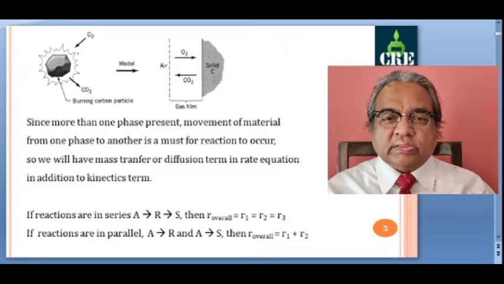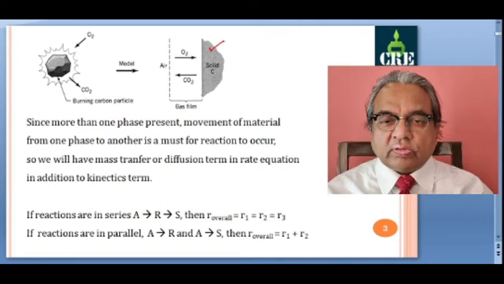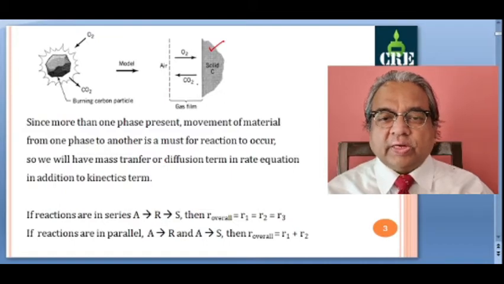Now here we are considering the simple gas solid reaction, burning of carbon plus oxygen giving you carbon dioxide. This can be modeled as, this is the solid carbon, this is the surface of the carbon, gas film surrounding this particle, this thickness is very small, and here we have air, that is the bulk of the gas.